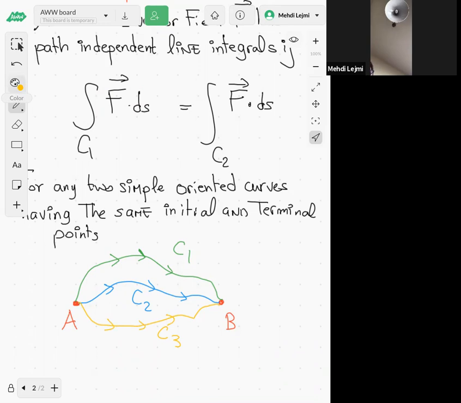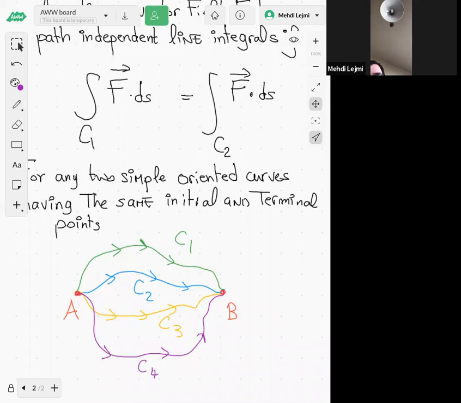You can also have another curve here, C4, connecting A to B. So you have an infinite number of curves connecting A to B, and a vector field F has path independent line integrals if the vector line integral over any curve connecting A to B is the same.